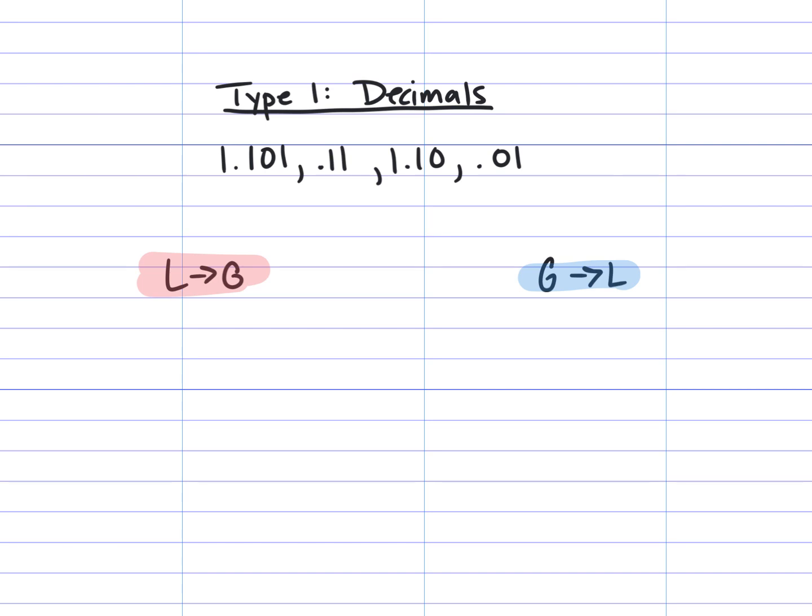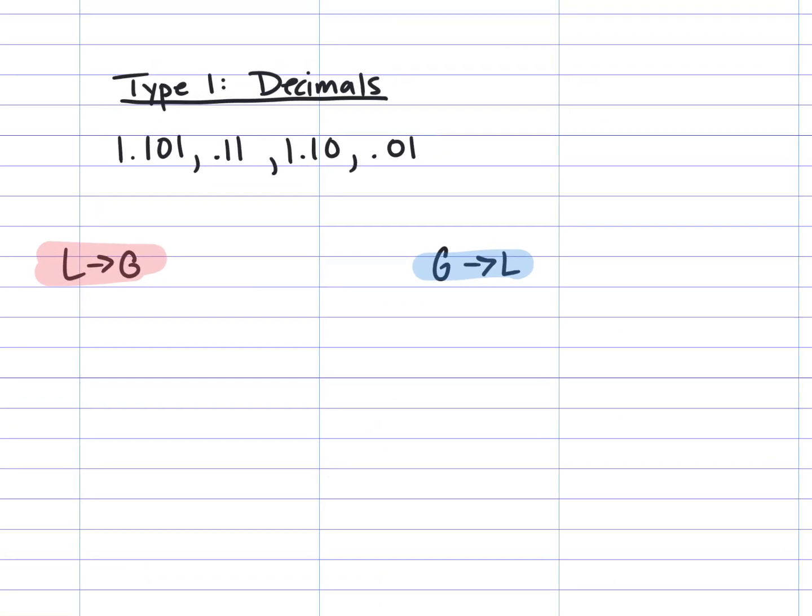Very quickly, I can tell you that there are some numbers in this set that don't have a 1 in front. So that makes it pretty easy to tell that the two larger numbers are 1.101 and 1.10. But again, we're going to stick to the place values.